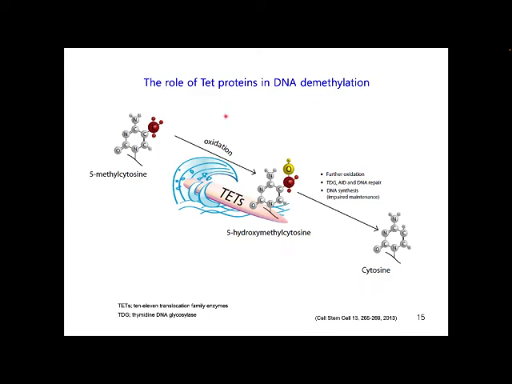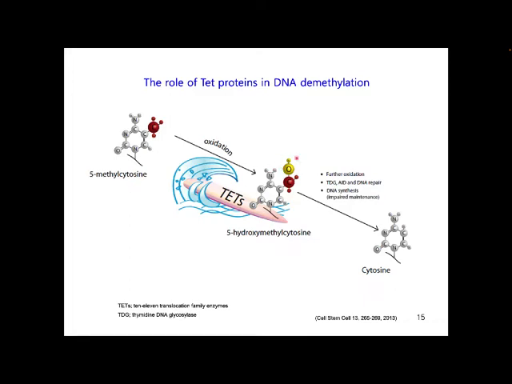In active demethylation, there are several enzymes which are tightly involved. One of those is the TET proteins, and TET protein mediates the oxidation of 5-methylcytosine to 5-hydroxymethylcytosine.